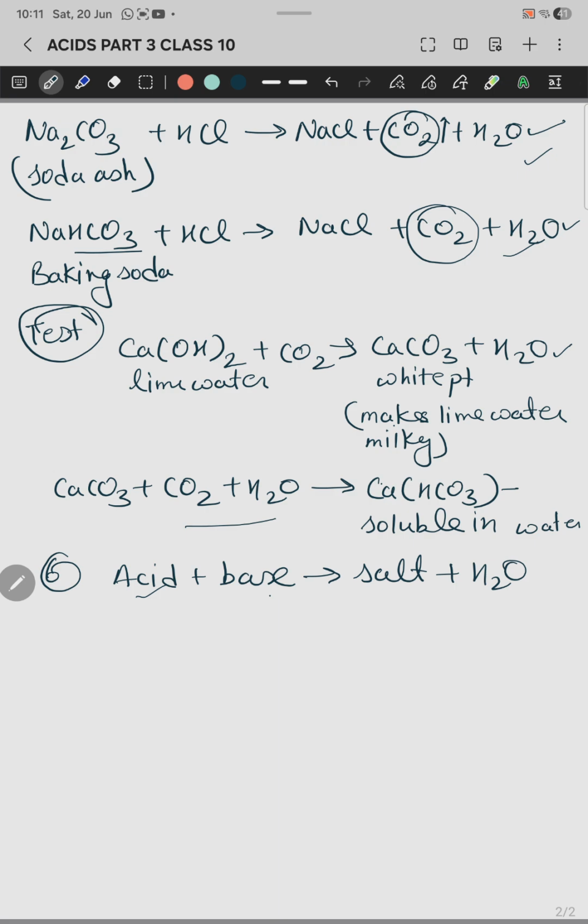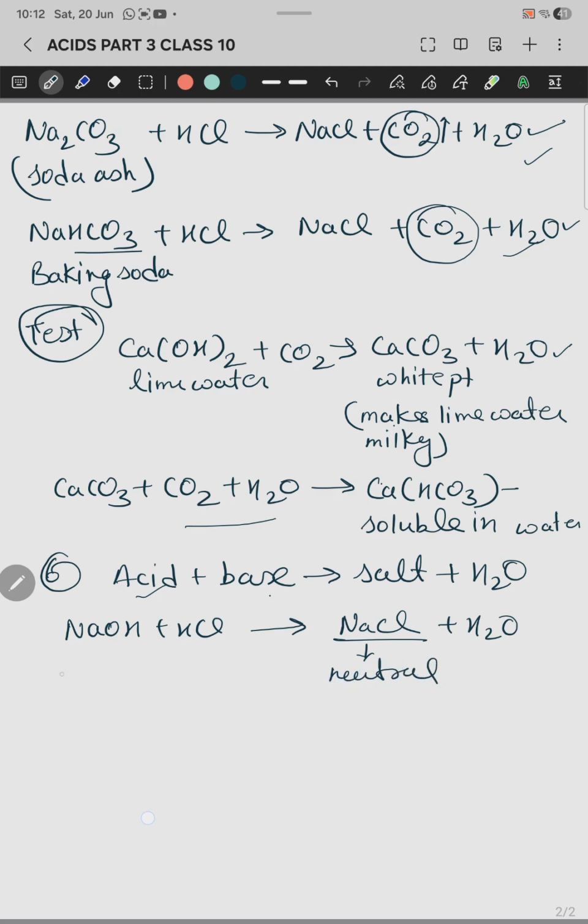So I am giving you one example here. NaOH, a base, plus HCl gives NaCl plus water. This gives an example of the neutralization reaction. This sodium chloride is neither acidic nor basic, it is neutral.